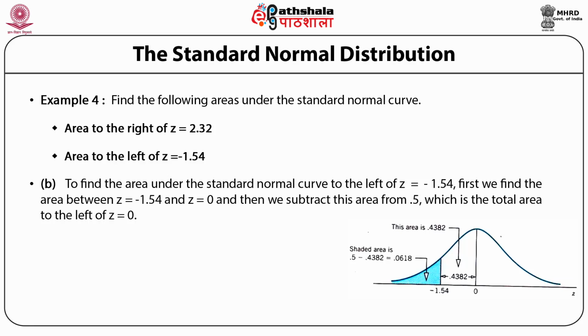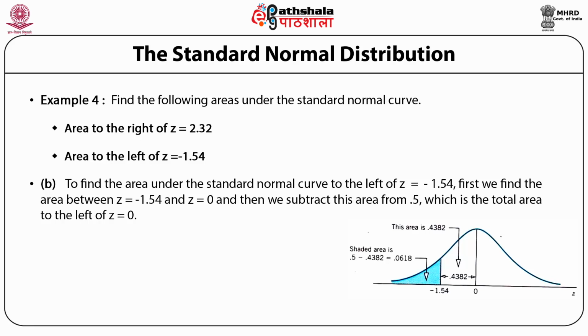Now B part. To find the area under the standard normal curve to the left of z equals minus 1.54 from the table, first we find the area between z equals minus 1.54 and z equals 0, and then we subtract this area from 0.5, naturally, to the left of z. So from table A, the area between z equals minus 1.54 and z equals 0 is 0.4382 and hence the required area is 0.5 minus 0.4382, which is equal to 0.0618.